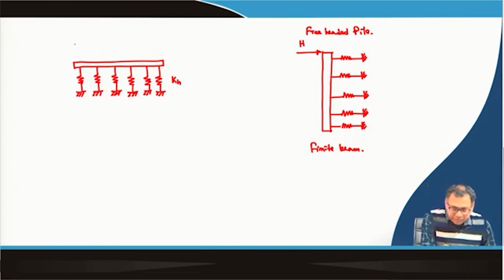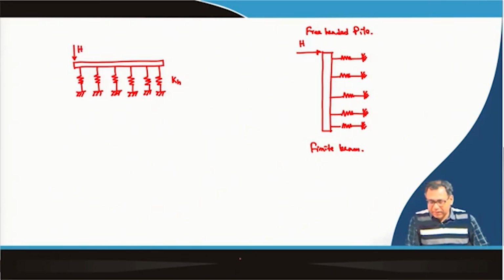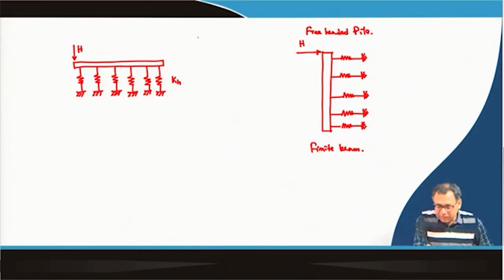Suppose H is acting here. Due to this H, you have to determine the shear force and bending moment at both ends. Then you have to apply end conditioning forces so that the net shear force and bending moment will be 0 for the free headed pile.